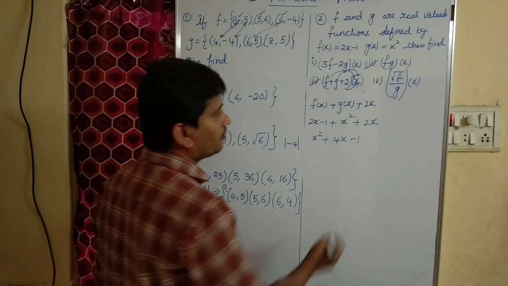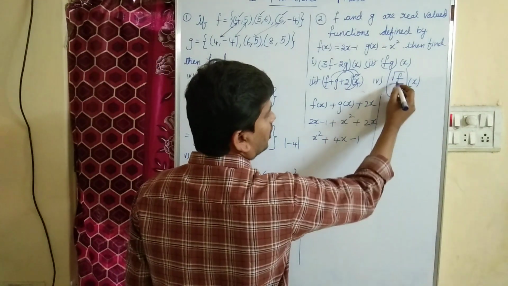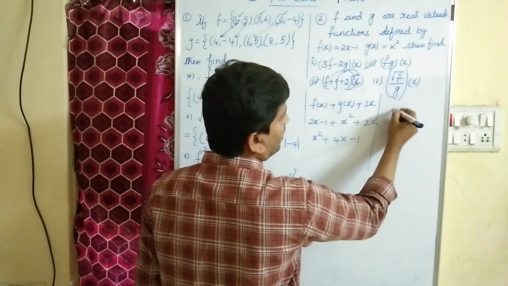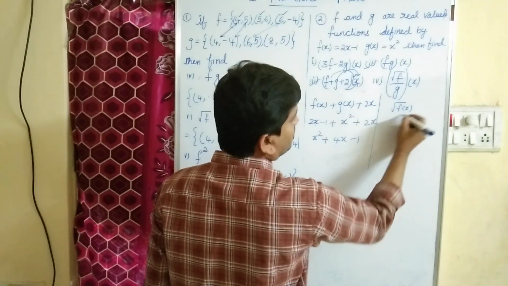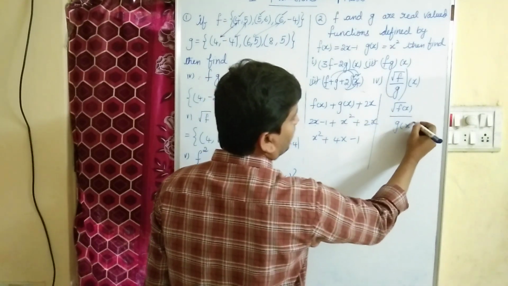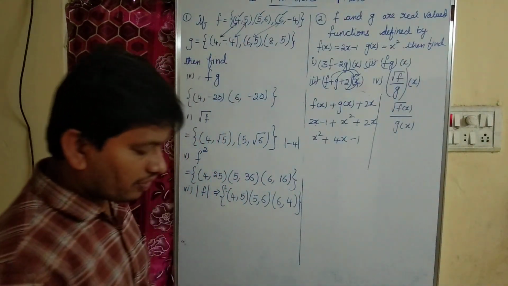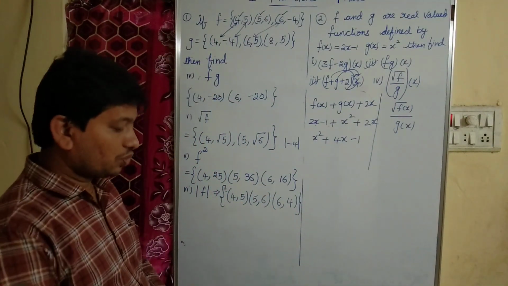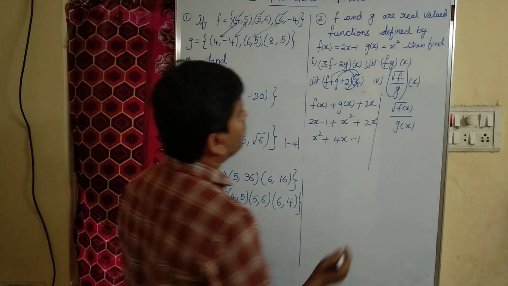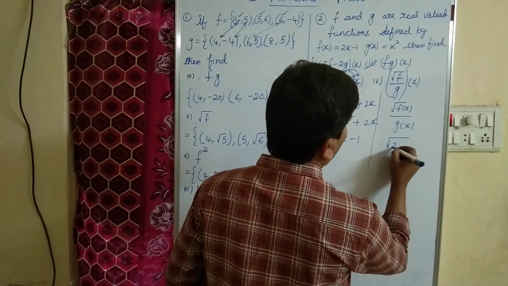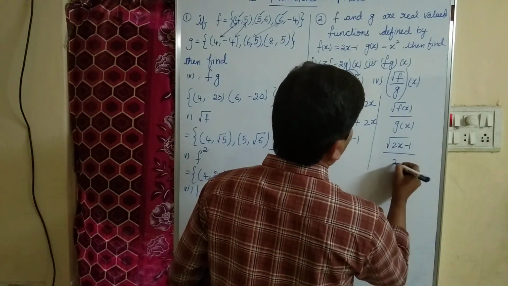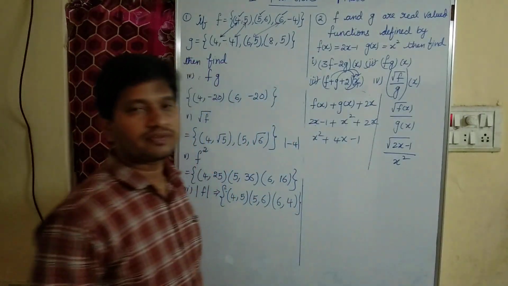Okay. Now coming to the fourth question, root f by g into x. I can write it as root over f of x by g of x. What is root of f of x? Given f of x value is 2x minus 1, root over 2x minus 1 by g of x value, x square.